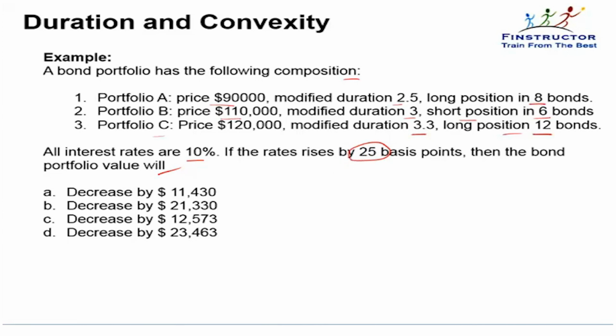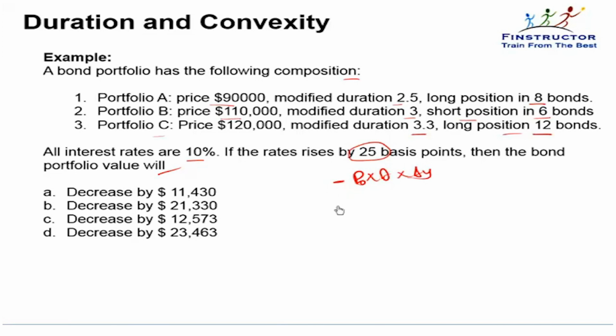That is, if you purchase a bond, the bond price will fall and you will lose. How much will that fall in price be? It will simply be the original price multiplied by the duration multiplied by the change in yield, and duration is always interpreted as negative.